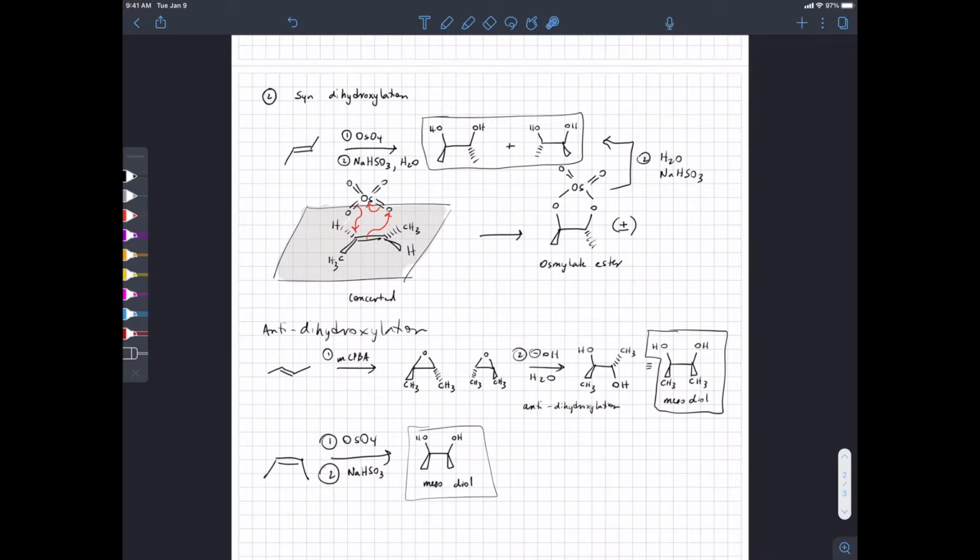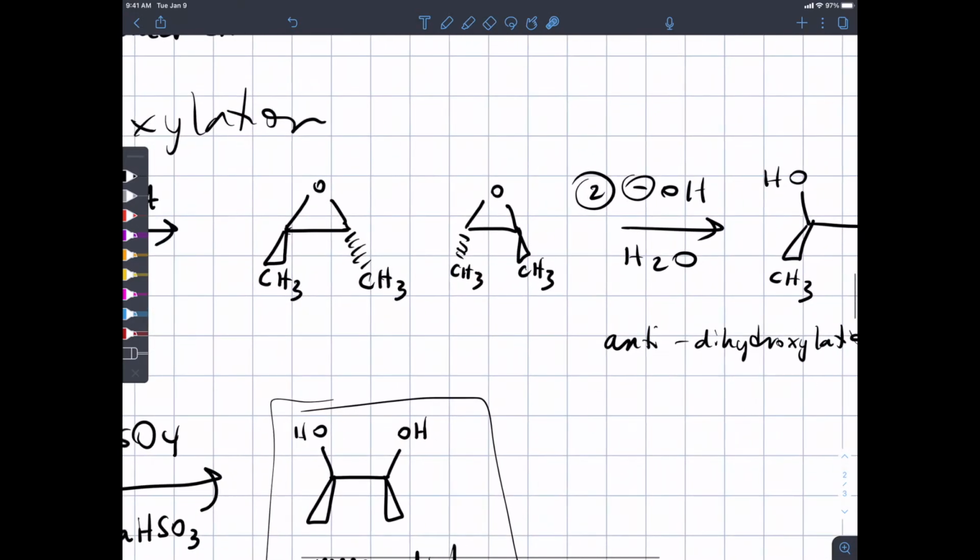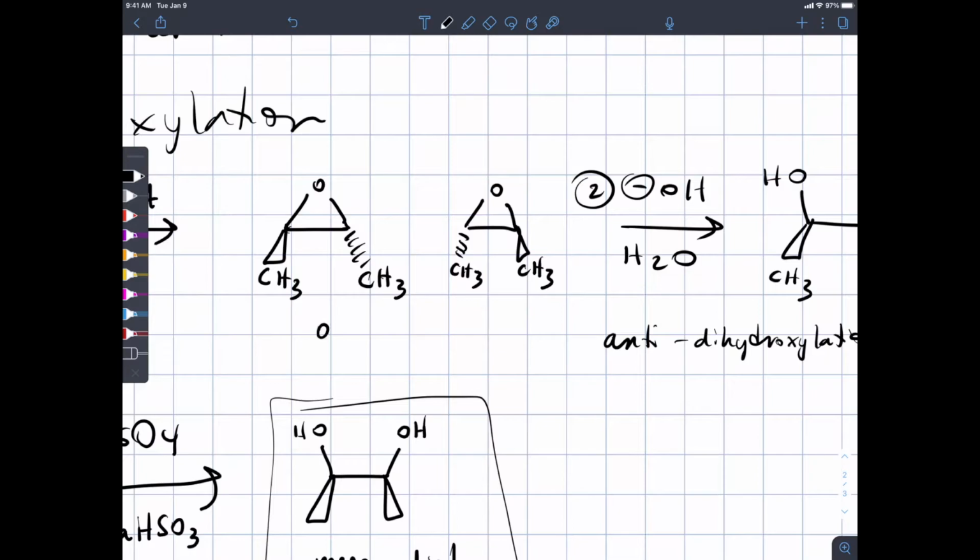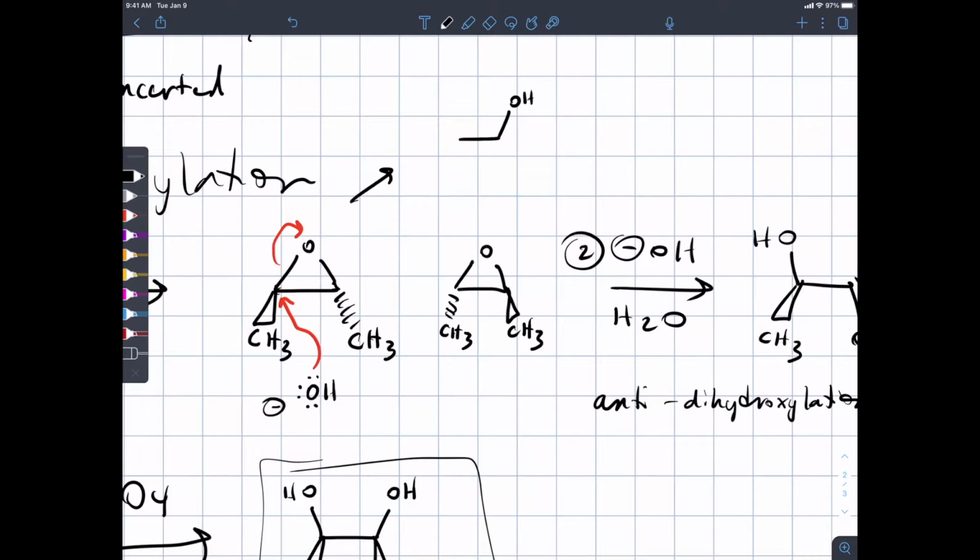Well, yes? On the anti-dihydroxylation, could you go over again why it makes the meso compound after the second reaction? When we open the epoxide from the back side, that will lead to this product.